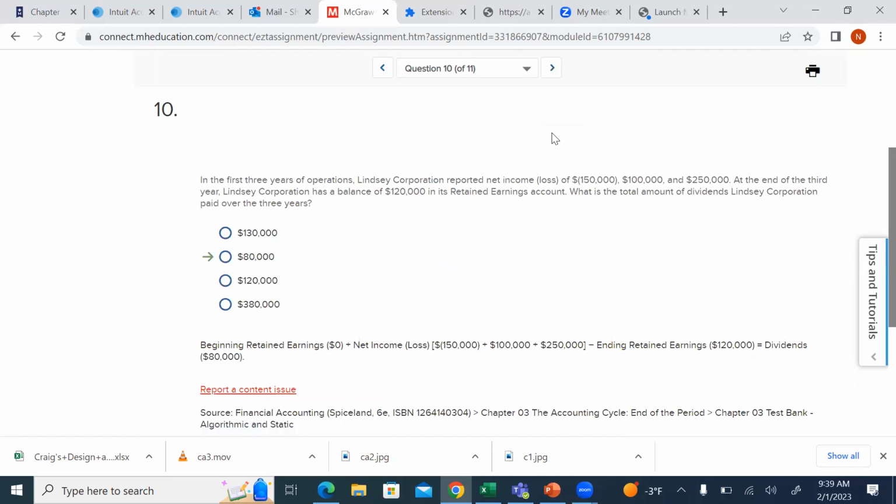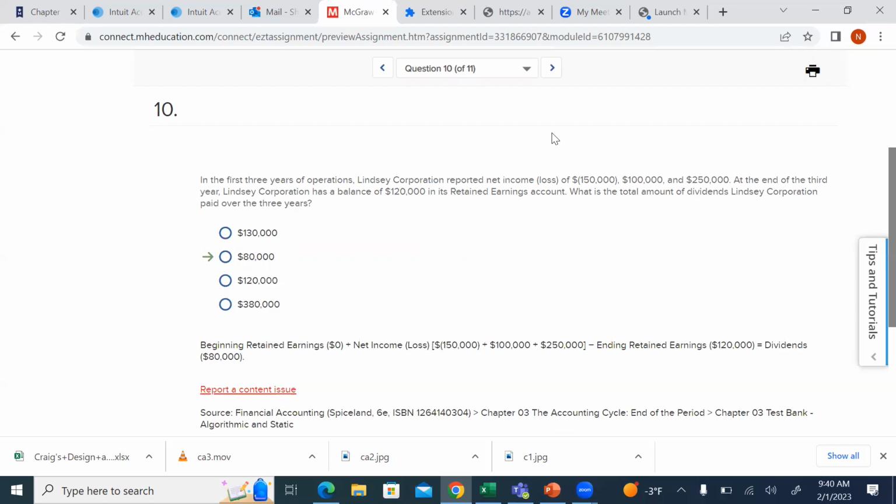In the first 3 years of operations, Lindsay Corporation reported net income or net loss of a minus 150,000, a plus 100,000, and a plus 250,000. At the end of the third year, Lindsay Corporation had a balance of 120,000 in its retained earnings account.